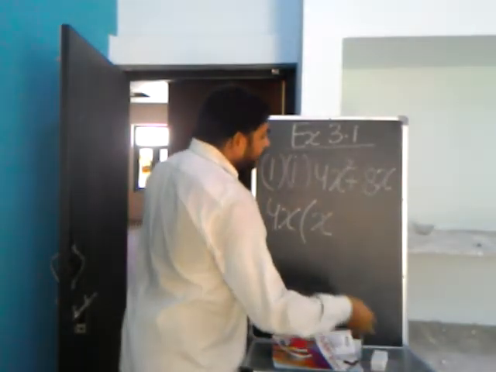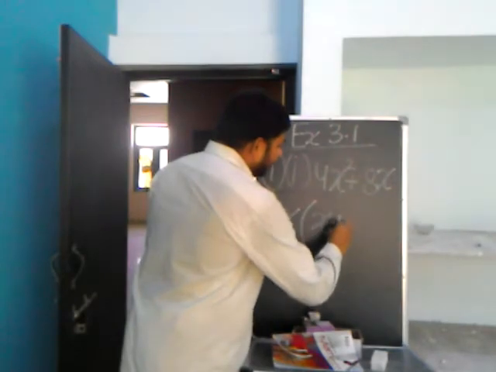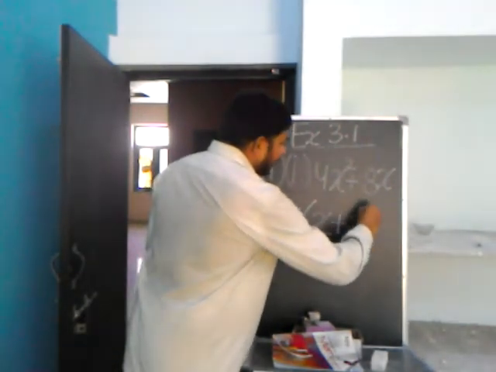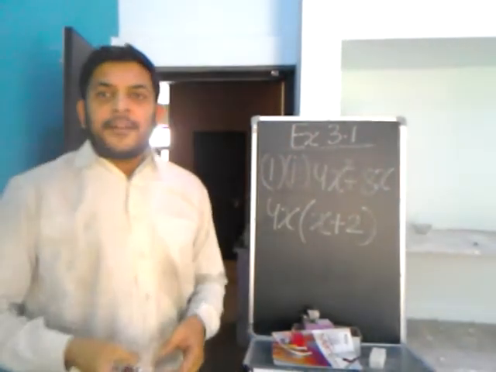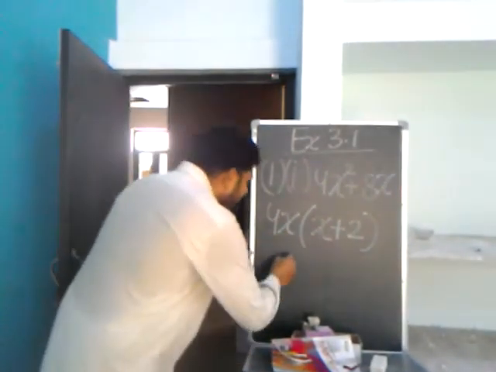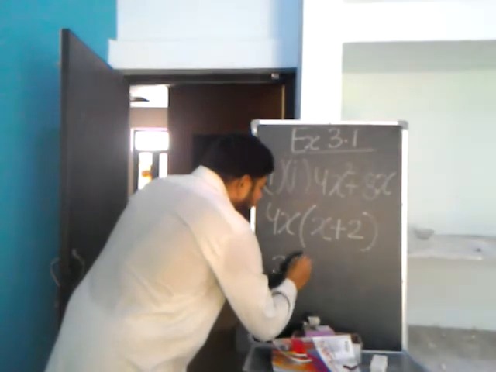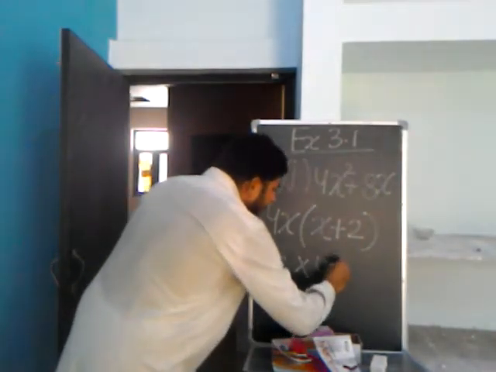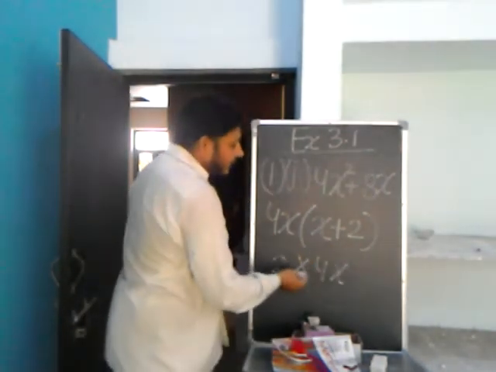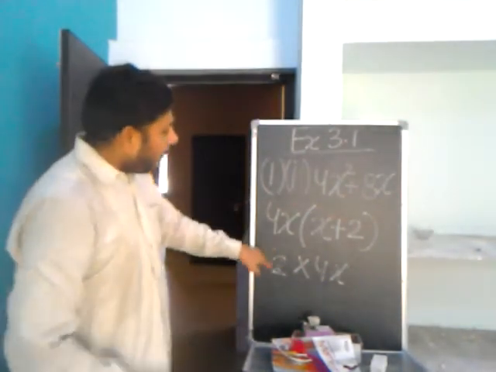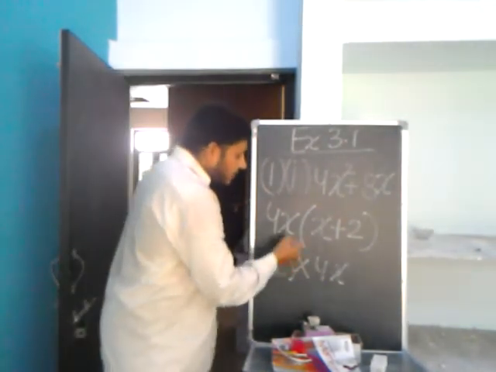And I can write 8x as 2 into 4x. 4x came out as common, what remains is 2.